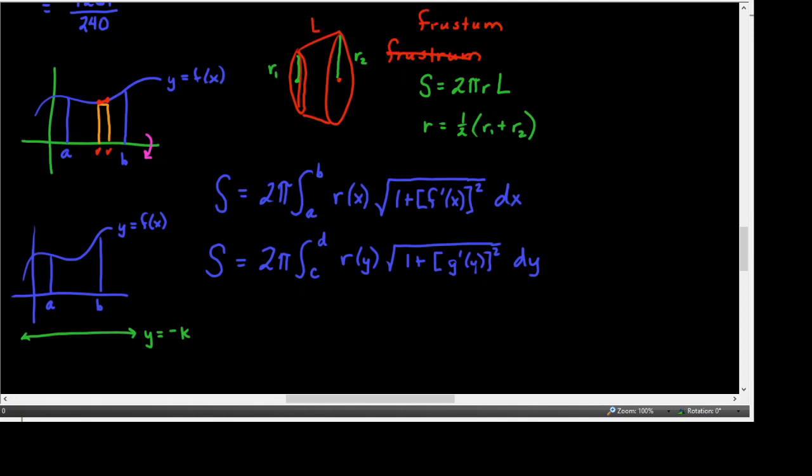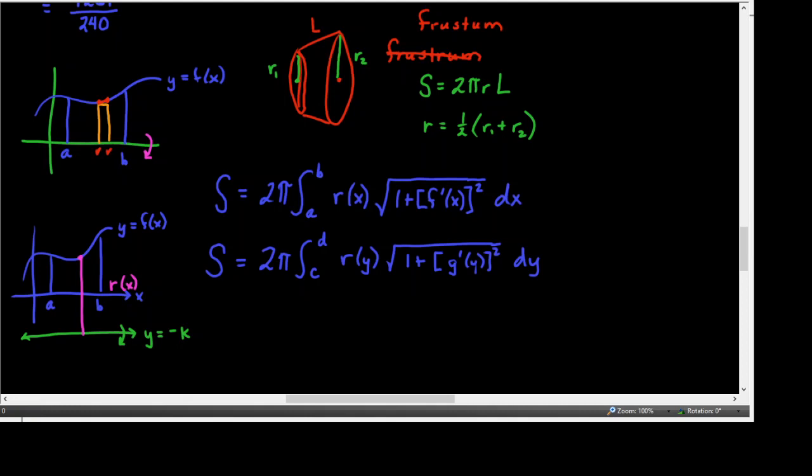The radius, if this is the axis of revolution, is going to be the distance from that axis of revolution to the curve. That's your r of x that you're going to have to find. Now, if the axis of revolution happens to be the x-axis itself, then it's just f of x.